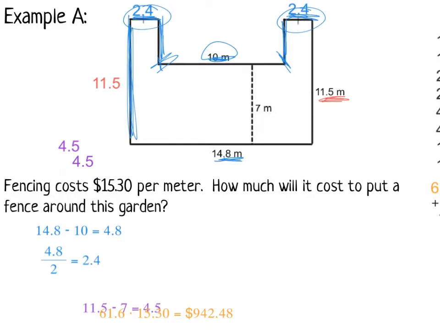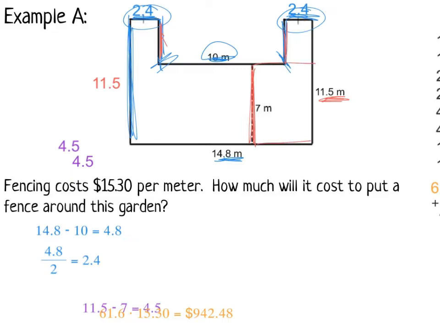Now I have to move on to figuring out these two sides next to the tops. Again, I'm going to look around the problem and see if there's something that can help me. One of the entire sides is 11.5. That's what I found earlier. And this middle section here tells me that it's 7 for just this part of the shape.